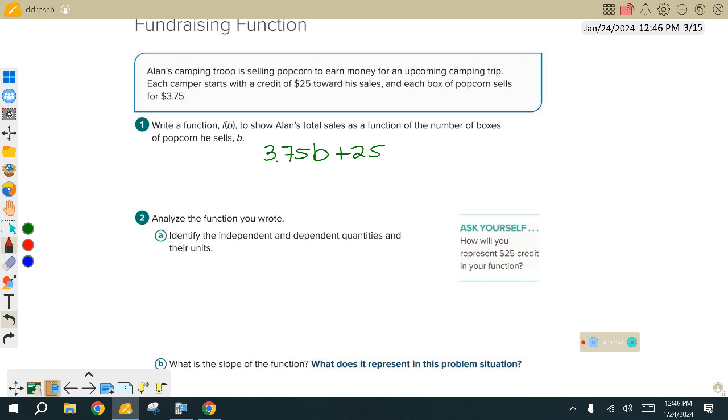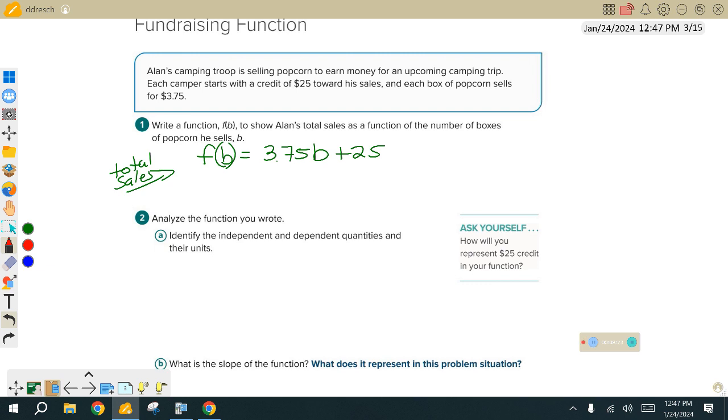That's eventually going to get you Alan's total, which they are calling F of B. F of B is going to represent his total sales, and it's just calling it the function of the boxes. Okay? So, how do you earn money? Well, in this instance, we're selling boxes with a $25 credit.